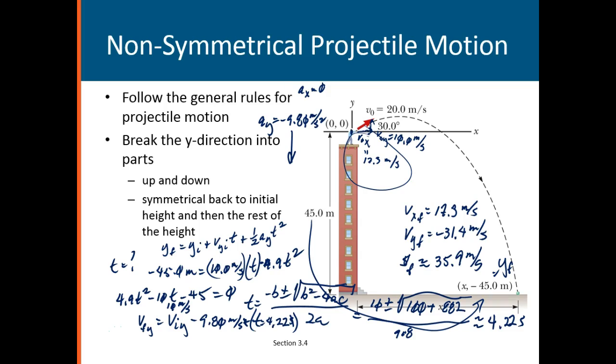actually, isn't it two ways to do it? You use X equals VIx plus VFx, divided by 2, times time.